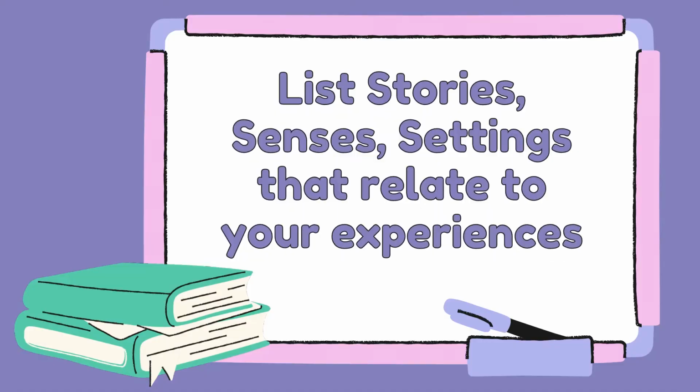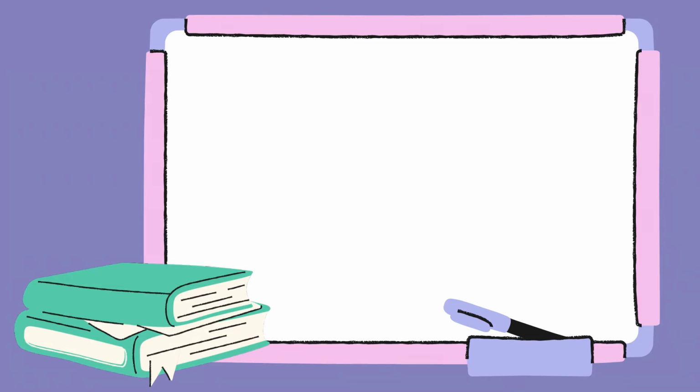And so finally, the third category for brainstorming would be to brainstorm some stories or settings or senses that relate to your previous two categories. Say in the first category, when you were listing things important to you, maybe you thought of some ideas under the activities or social justice categories that you are super passionate about, and then that category relates to the second brainstorming of the qualities and traits.